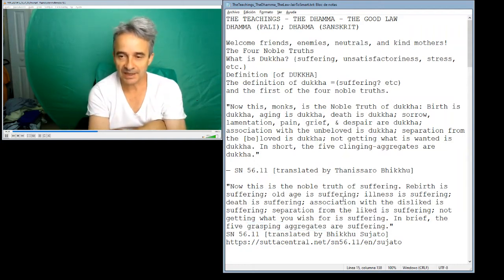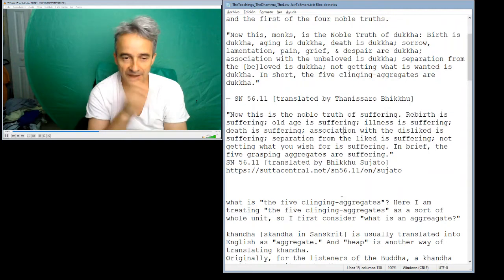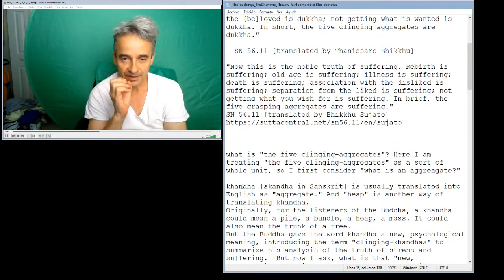5 clinging aggregates are. Aggregates comes from the word khandha. The H means it's aspirated, so if the consonant doesn't have an H, it would be hard, like ganda. But since it has an H, it's khandha.